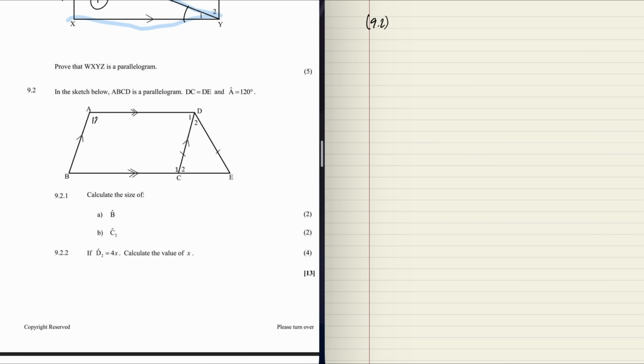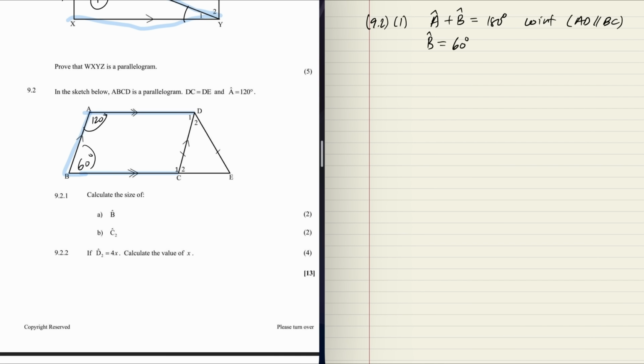Question 9.2.1 says calculate the size of angle B. So because this is a parallelogram, AD is parallel to BC, so we can say that angle A plus angle B is going to equal 180 degrees, and that's because they are co-interior angles. Now A is 120, so B is going to equal 180 minus 120, which is 60 degrees.